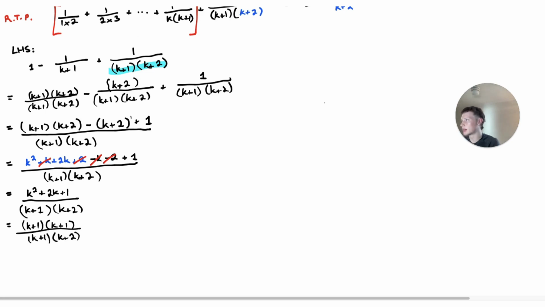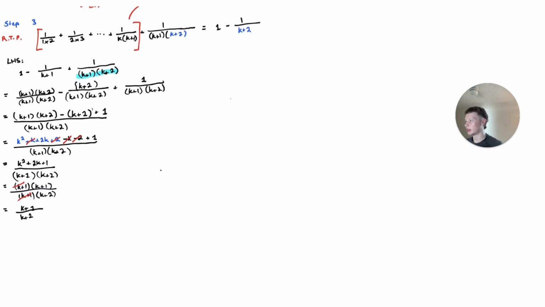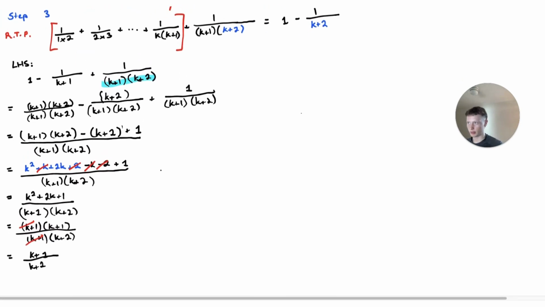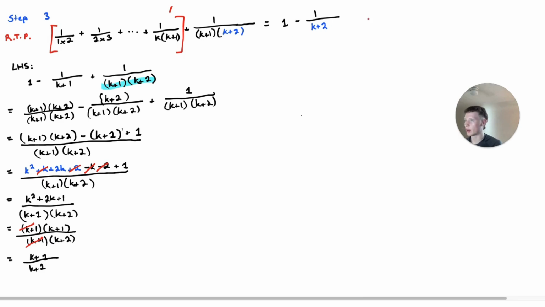And so at this step, they're going to cancel out. And so we're just looking at k plus 1 over k plus 2. And you might think, okay, that seems pretty simplified, but it's not actually what we've got over on the right-hand side.